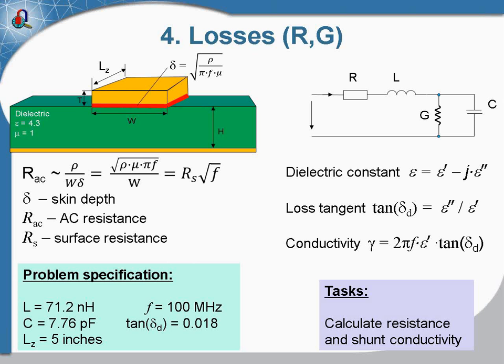The changing current distribution causes the resistance to increase with the square root of frequency. Now let's run the simulation and compare the resistance value at different frequencies.